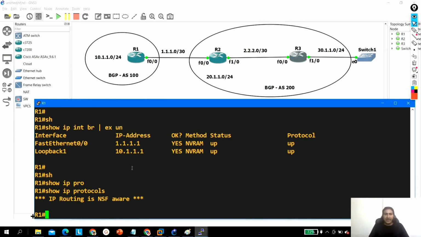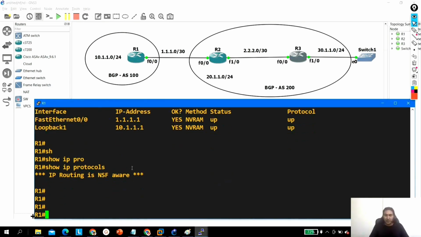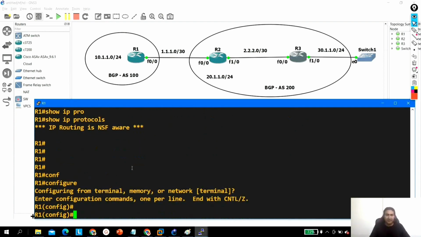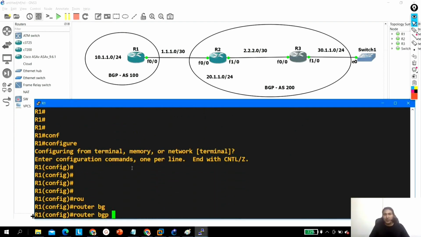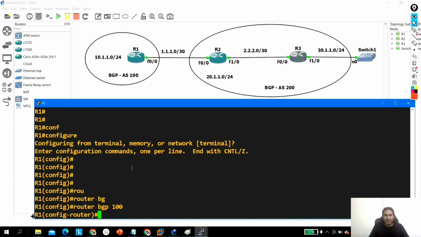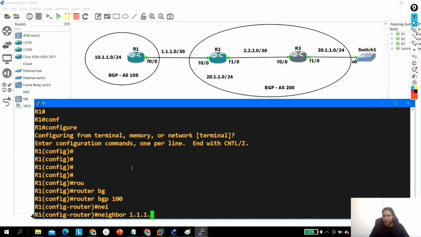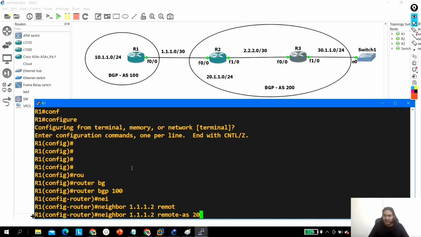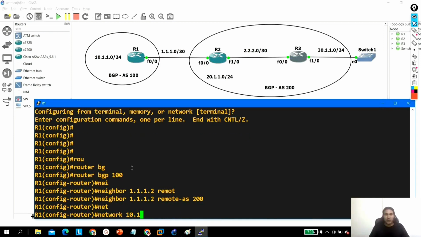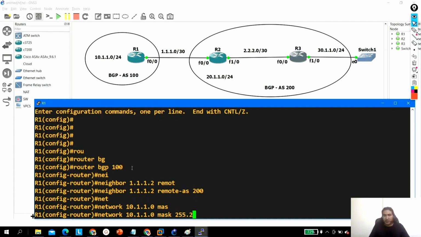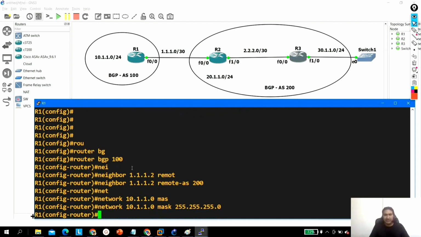So first of all I am going to configure BGP on router 1. Go to config t, after that router bgp, and here I am going to run AS 100, right? After that neighbor, your neighbor is 1.1.1.2 whose remote AS is 200, and after that network, let me advertise some networks. 10.1.1.0 mask 255.255.255.0.